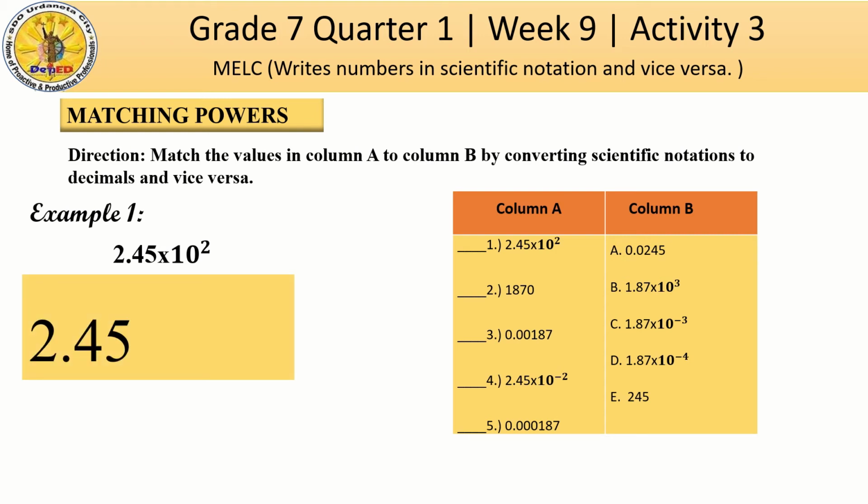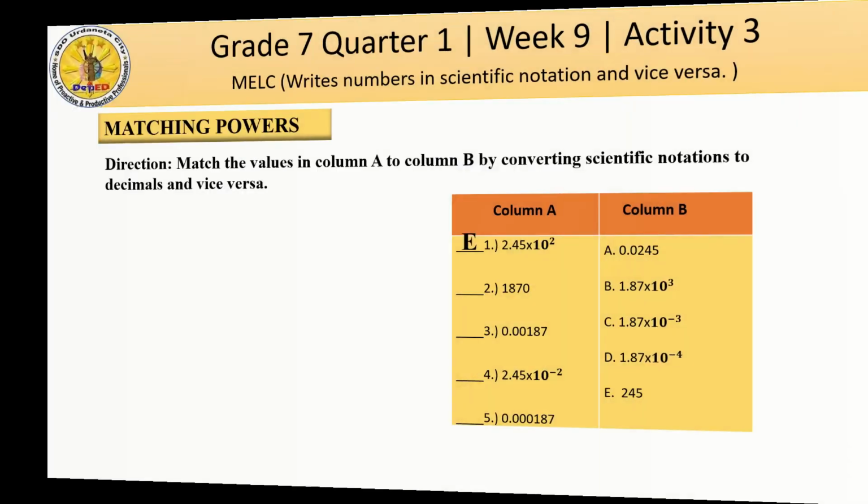Okay, right? First, 2.45, how many places of movement ng decimal point natin? 1, 2. Kasi, ang ating exponent dito ay 2. Ayan. So, we now have the answer 245.